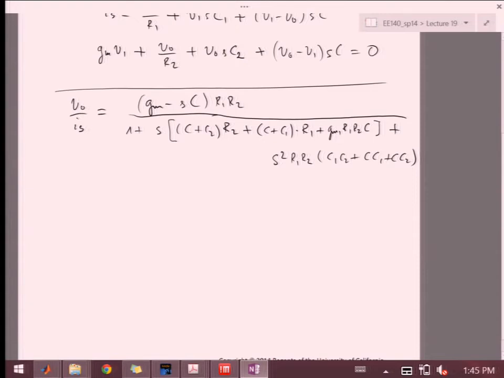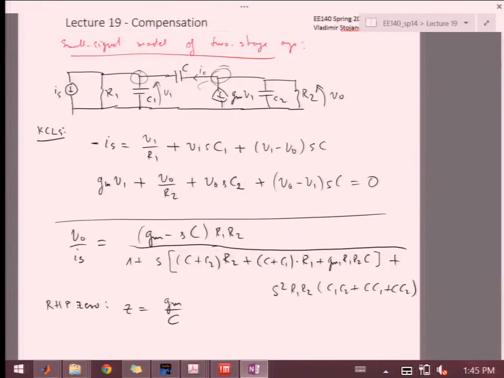So what we can say from here immediately is that we have our right half plane zero. Okay. And that zero is coming from here. It's GM over C. You can think intuitively about this one as that at high frequencies, this C becomes a short. Okay?